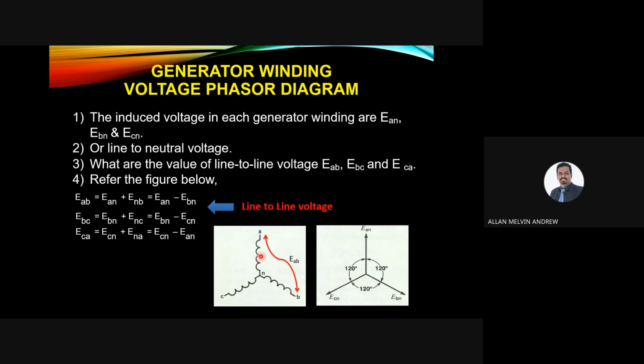This is vector addition in mathematics. It's actually the same as EAN minus EBN because this is a vector component. It's supposed to be NB, but if you change to BN, you need to minus it. So you can use this to find EAB.